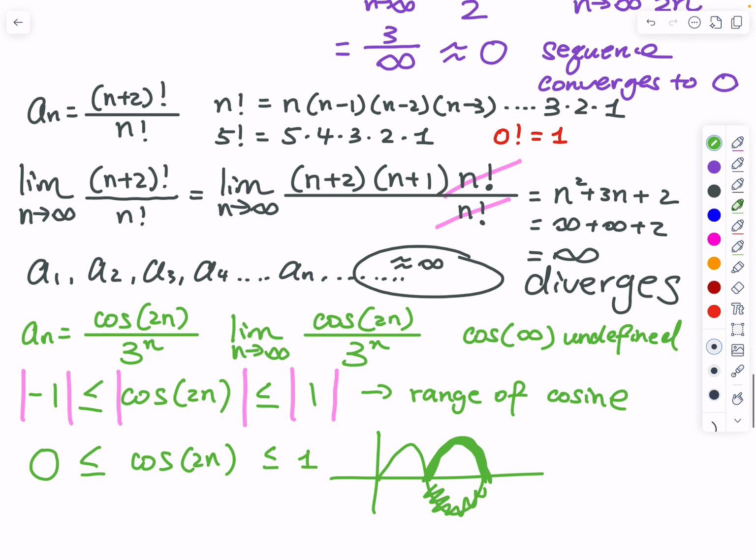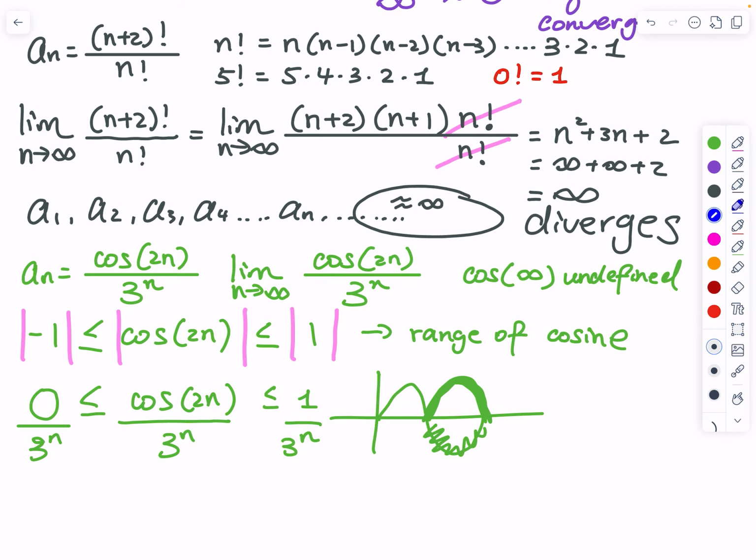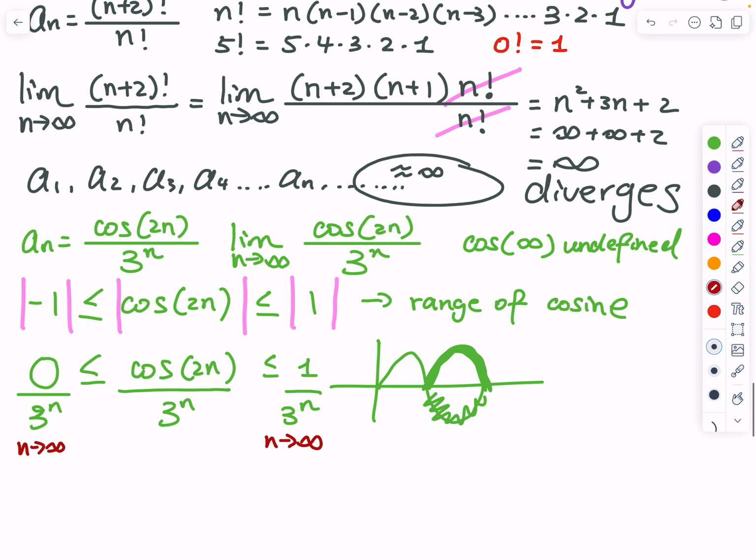And then you can divide each side by 3^n. What about when n approaches infinity? When n approaches infinity, 0 divided by a very large quantity is 0, and 1 divided by a very large quantity is 0 as well. So the middle is sandwiched between 0 and 0, and that tells me it must be 0.